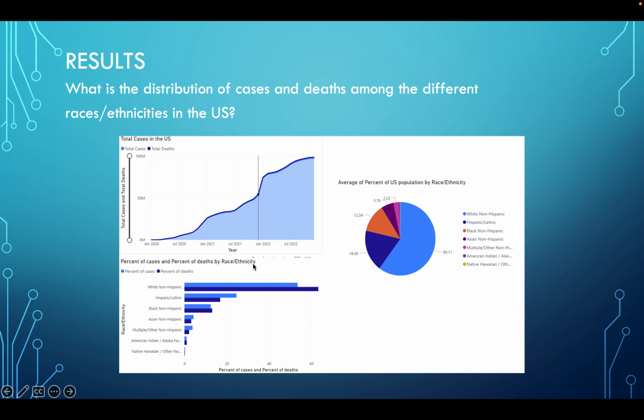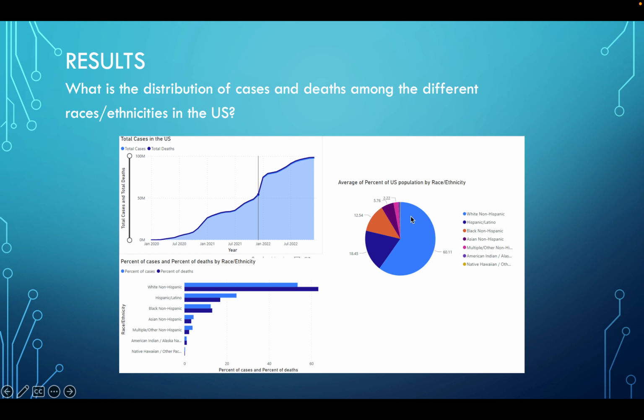And so out of those cases, we can see that white non-Hispanics make up a higher percentage of those cases, and they make up a higher percentage of the deaths. And then we can see how that stands in comparison to the population of those groups.